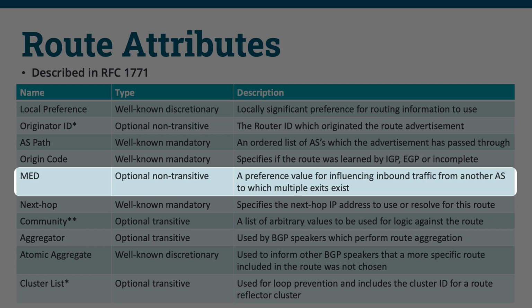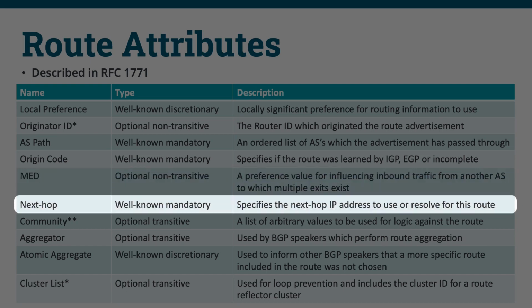The following attribute in our table here is the next hop attribute. The next hop attribute is a well-known mandatory attribute. This is the IP address of the next hop to reach the destination. In iBGP peerings, this attribute is unchanged when advertised.